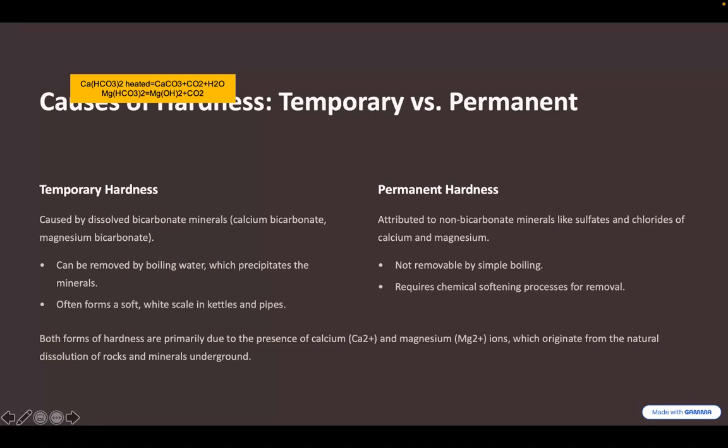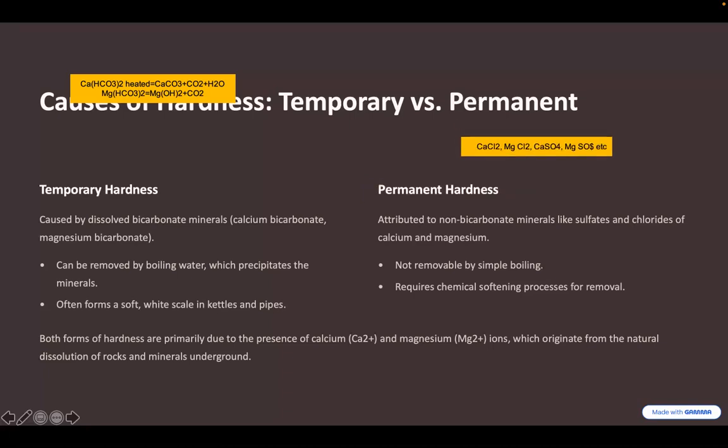However, the permanent hardness cannot be removed by simple boiling. This permanent hardness is caused due to the presence of salts like calcium chloride, magnesium chloride, calcium sulfate, magnesium sulfate.